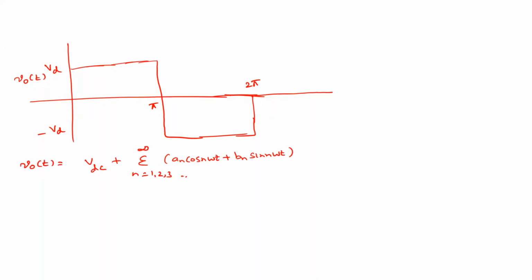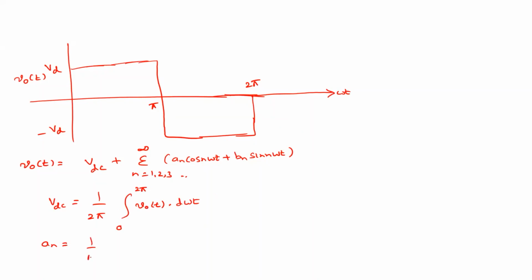Okay. So what is VDC? How to calculate this? 1 by 2 pi integration of 0 to 2 pi V naught of t d omega t. So this is the omega t axis. And what is an?